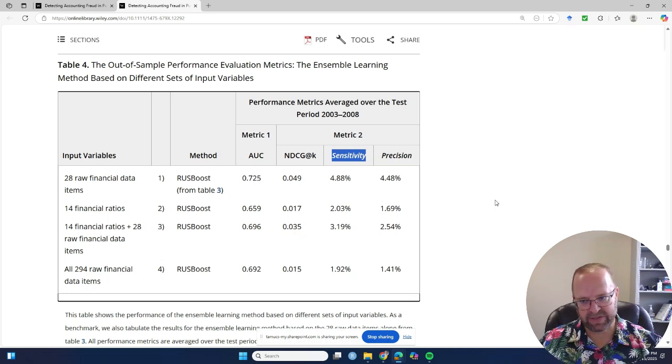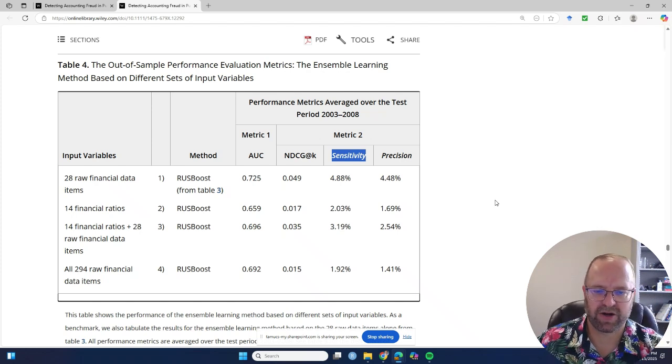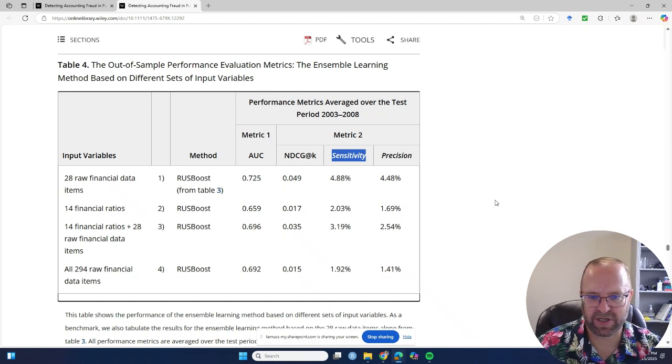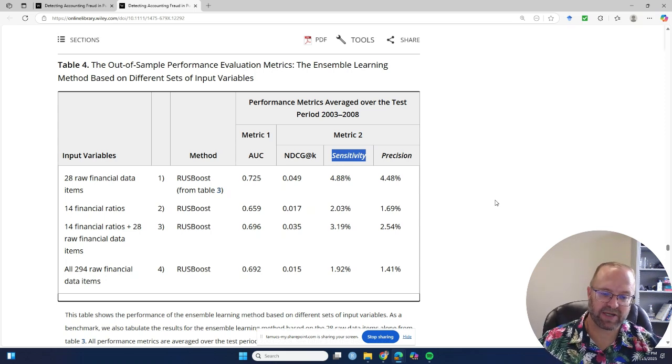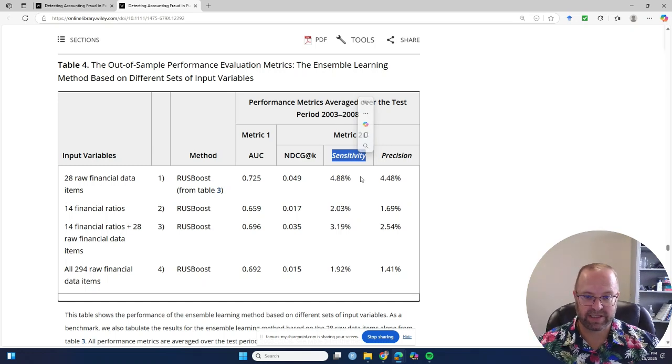So in terms of their model, the top 1% are the ones they're most confident will commit fraud. If they get a large proportion of those that commit fraud, that's successful. So the sensitivity is, from that 1%, how many do they get right versus missing other ones?